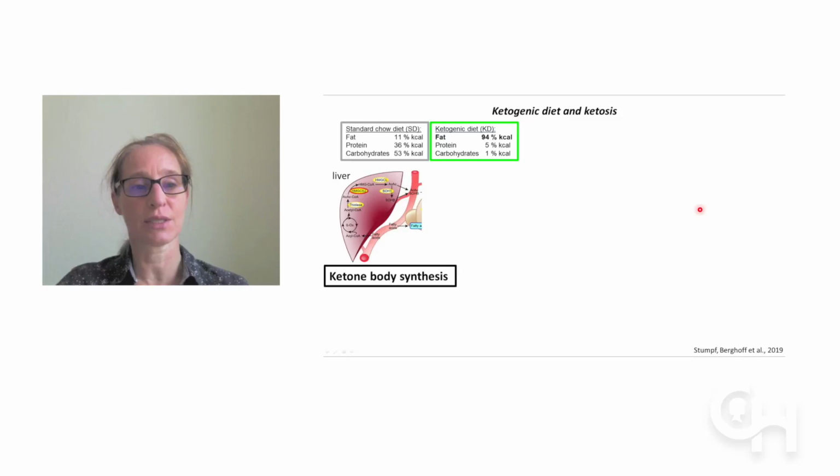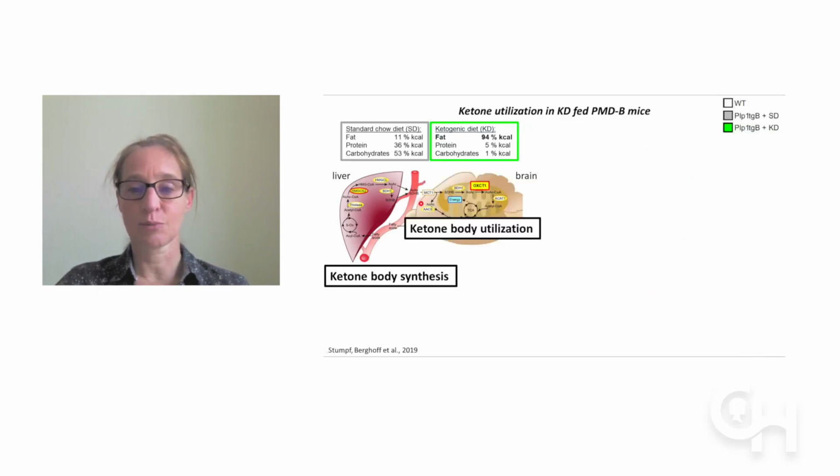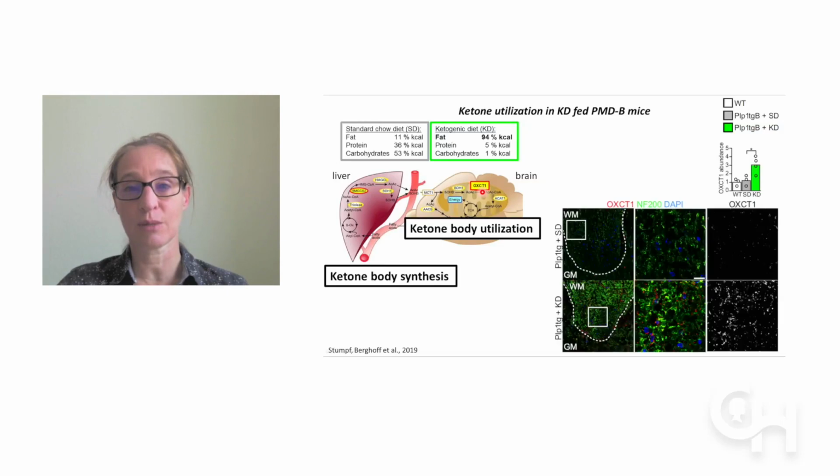They are then released into the bloodstream, and you can measure this by enhanced serum levels of beta-hydroxybutyrate. These compounds are then taken up by the brain, and they are converted to energy in a process called ketone body utilization, and the protein OXCT1 is a rate-limiting protein in this process.